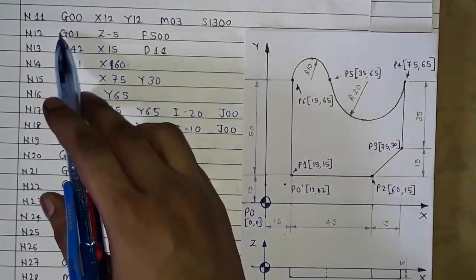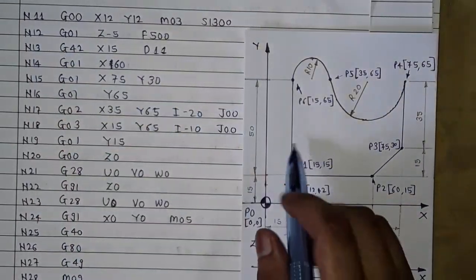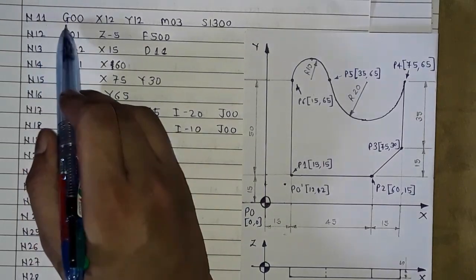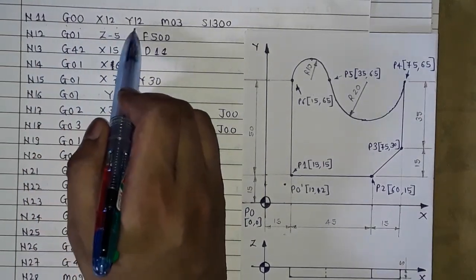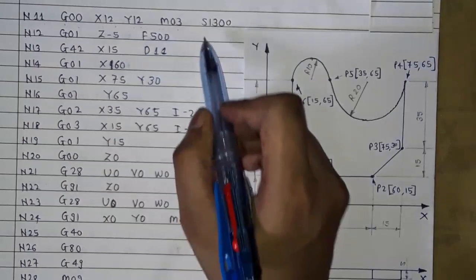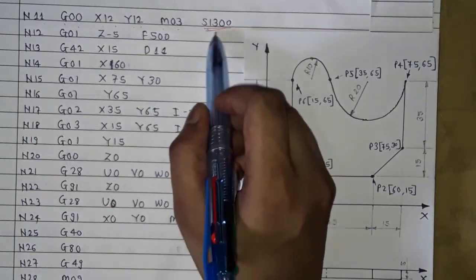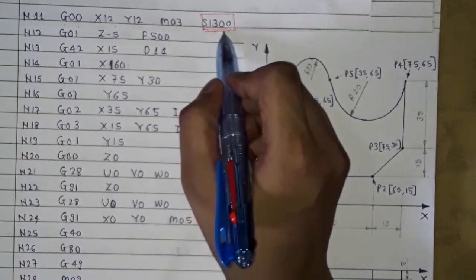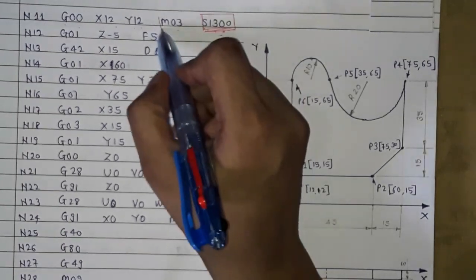Now we will start the part which is not common in milling part programs. Here friends, N11 G00 X12 Y12 M03 S1300. Here S1300 is the spindle speed in RPM.